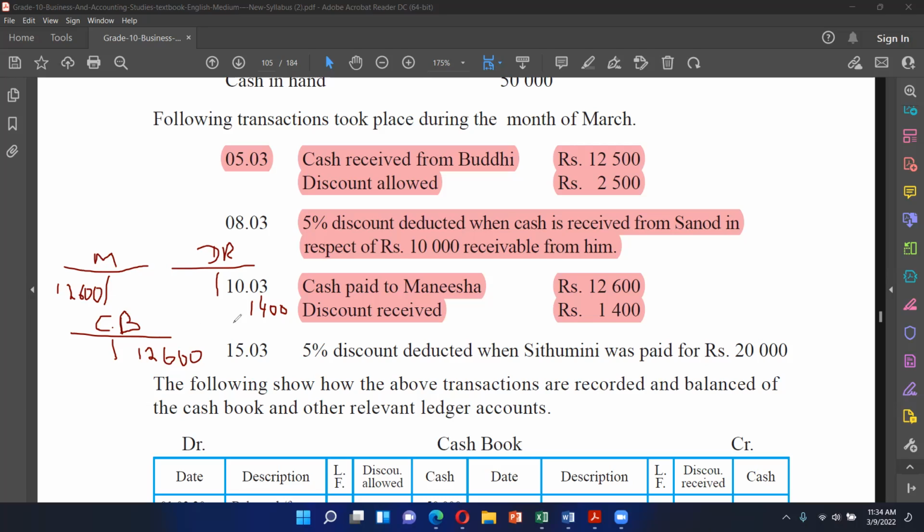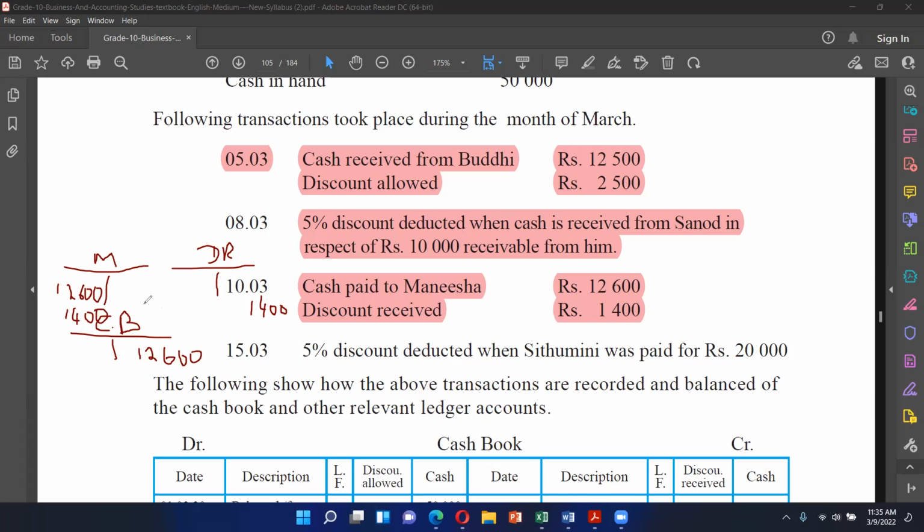And then this discount received 1,400, you need to further debit to Manisha. Right? The total of these two is debited to Manisha. Otherwise wrong.